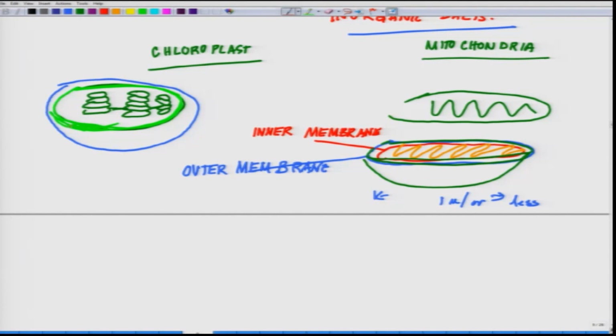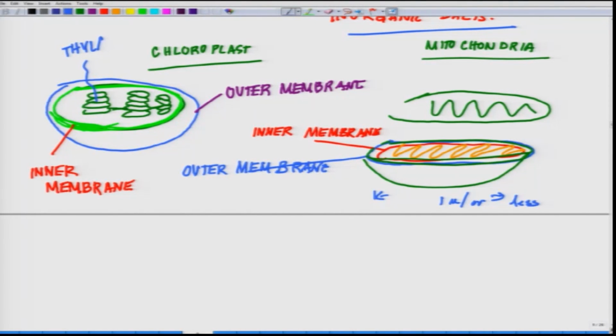This is the inner membrane, this is the outer membrane, and these are the thylakoid membranes, and the stroma and likewise. And again, if you look at the chloroplast, it follows the same asymmetric paradigm.